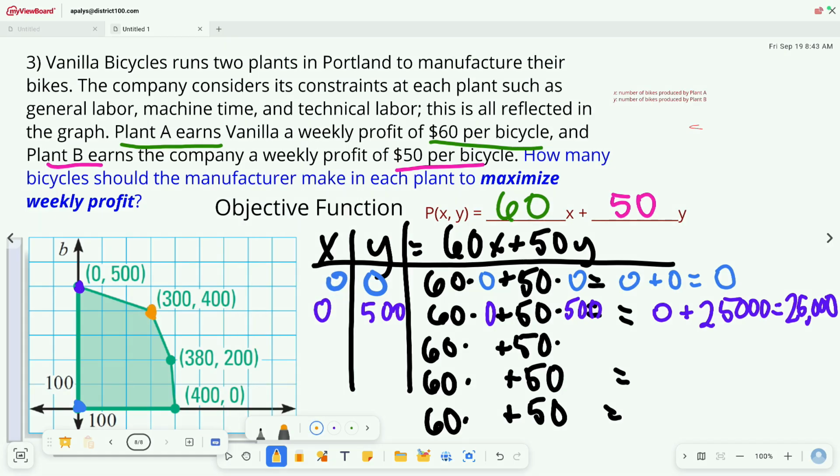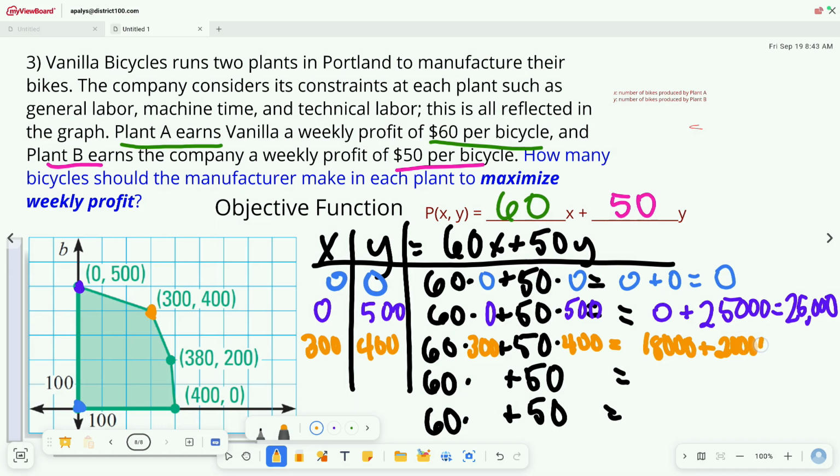What about 300 and 400? $18,000 plus 20,000.